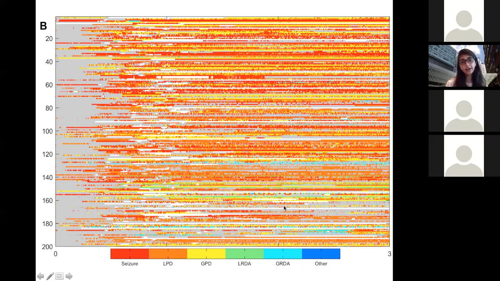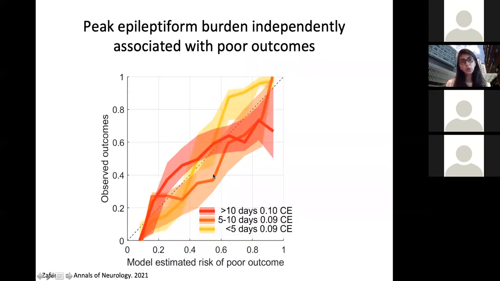So after annotating and quantifying the burden in these 2,000 patients with about 11 terabytes of EEG data, we used machine learning to determine the independent association of the different measures of burden with outcomes in these patients. And again, we adjusted for disease severity. This included their critical illness severity, including their APACHE II scores, their comorbidities, presenting GCS, age, as well as the main underlying diagnosis.